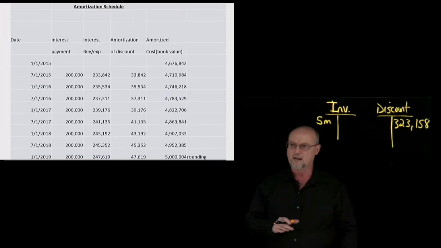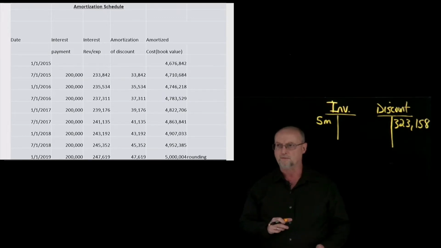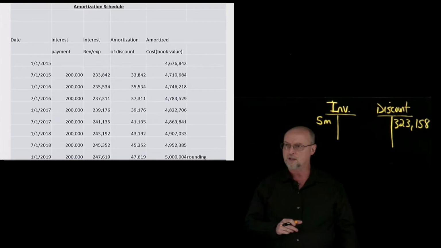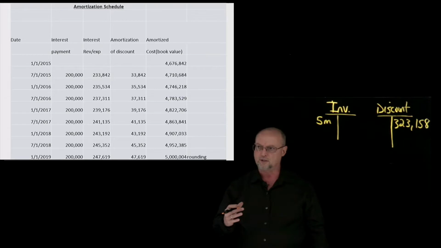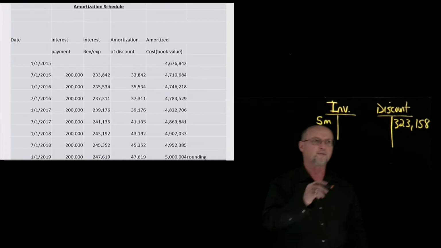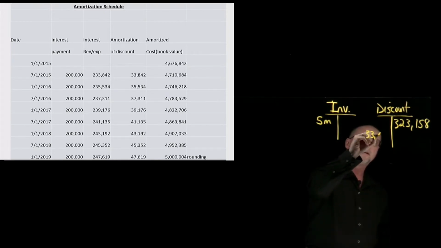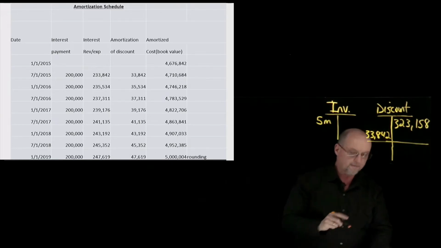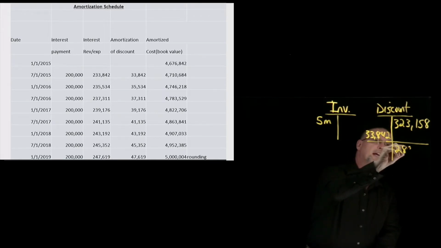To determine interest revenue, we multiply the book value, 4,676,842, times half of the market rate, which is 5%, and my interest revenue is 233,842. The difference between the interest revenue and the interest payment or receipt is the amortization of the discount, which is 33,842, and that leaves an unamortized balance of 289,316.